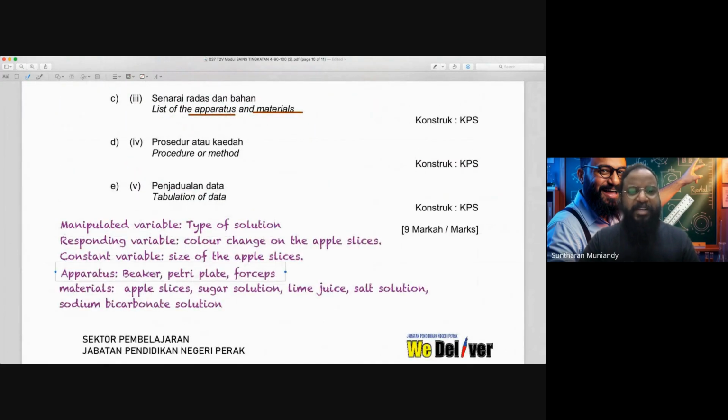I always write down my apparatus first, and then I will list down my materials. Faham ya?